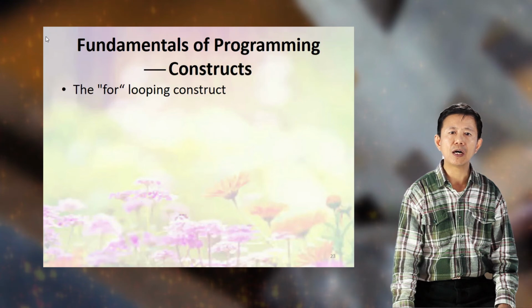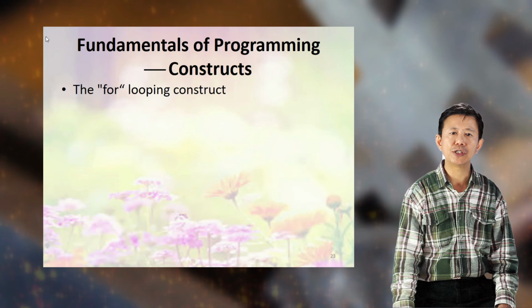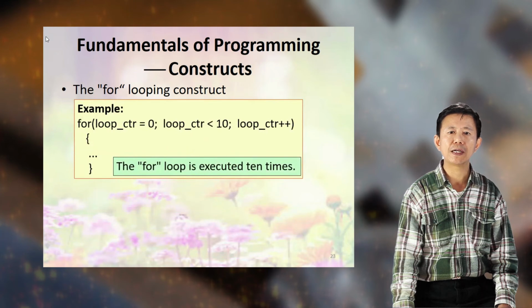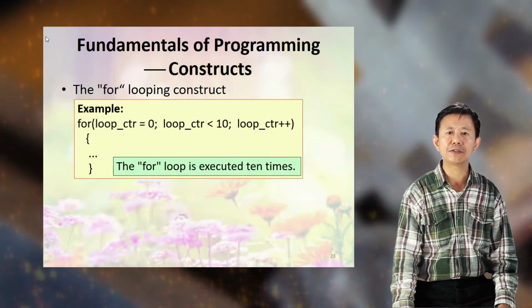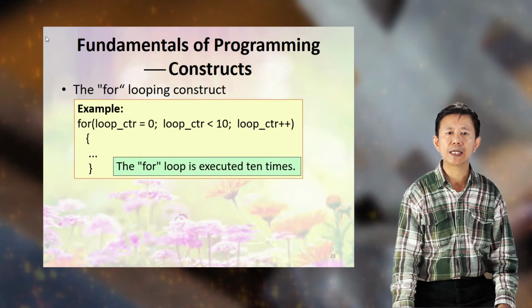There are the for and the while looping constructs. Here I show you 2 examples using the for loop. The for loop in the first example is executed 10 times. The for loop begins with the variable loop CTR equal to 0.